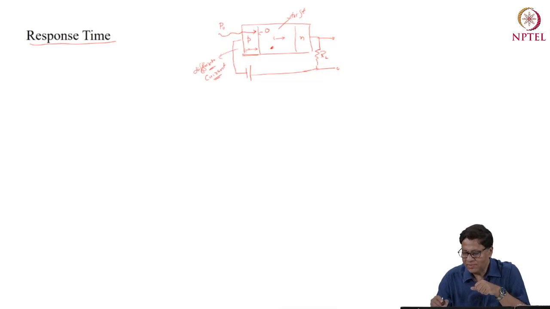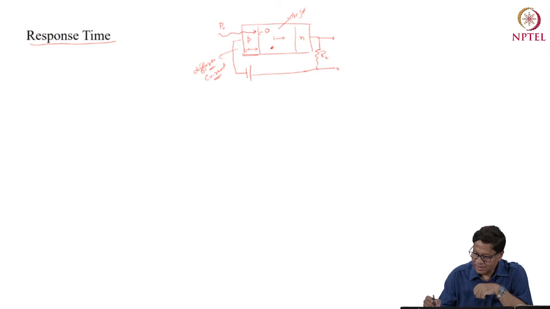So we actually want this P and N to be very, very small so that the diffusion component is much less and will not degrade your response time. What I want is that all the electron hole pairs should be generated within the I region and drifted with a drift velocity, so the delay component is much less and the response time of the device is very high.